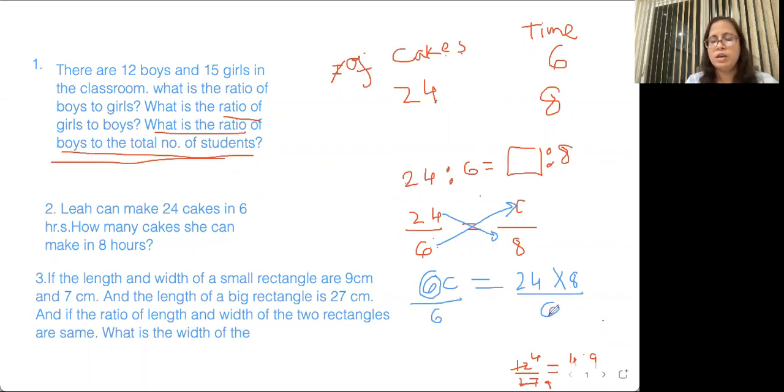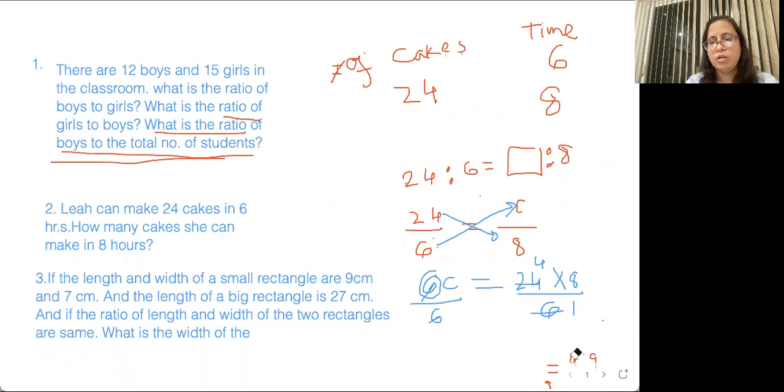What is the next step? You need to see, do we have any common factor between these 24, 8, and 6? So you can see, yeah, 6 times 1 is 6, and 6 times 4 is 24. And on the left hand side, 6 and 6, you can strike it off. And so we have C equals 4 times 8, that is 32.